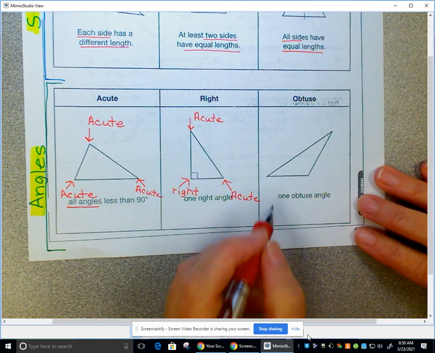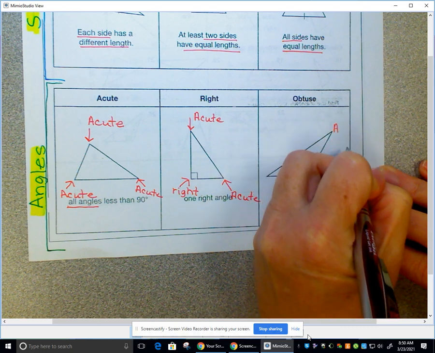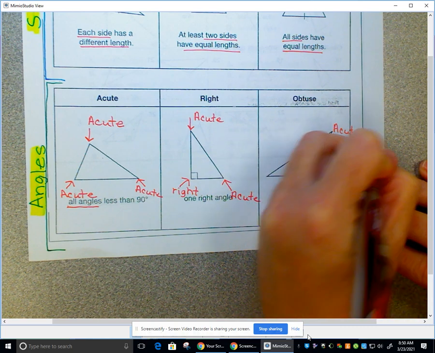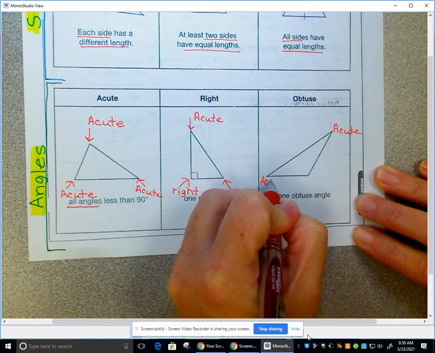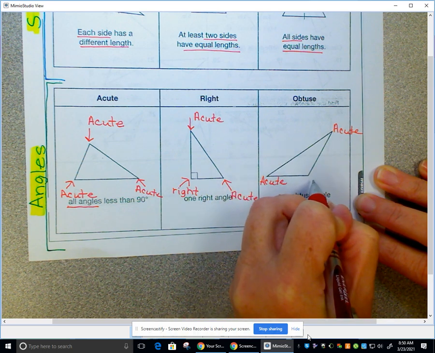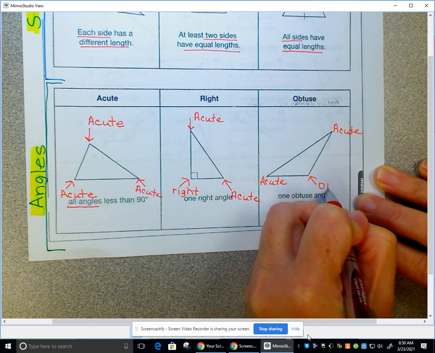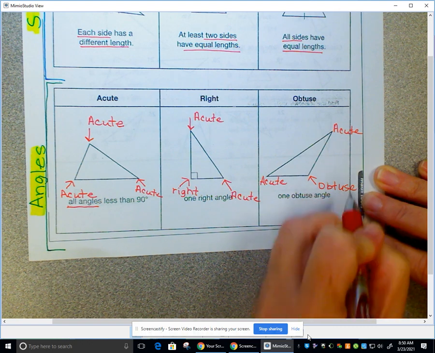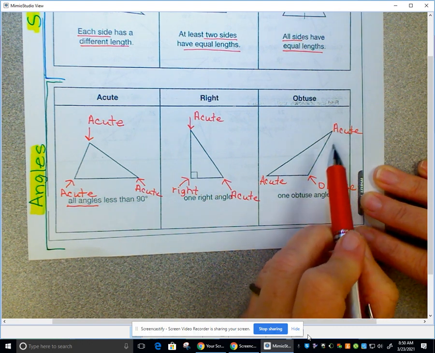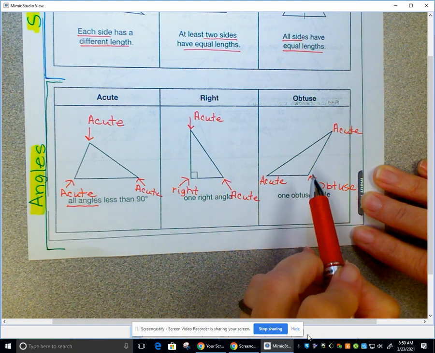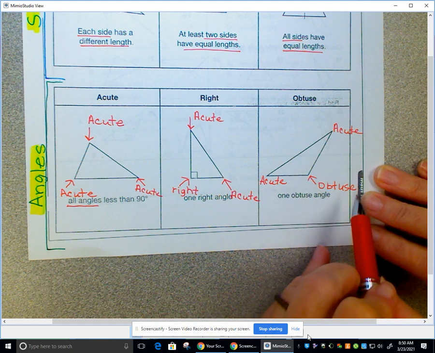Look at obtuse. There's acute. There's acute. And then here's this one. It is obtuse. Remember, the angle that's not acute is the name of it.